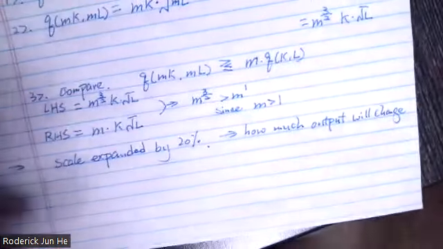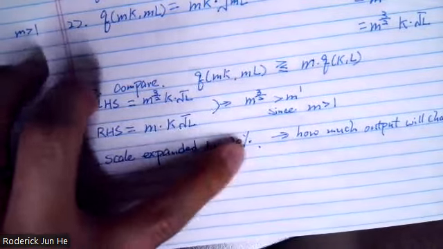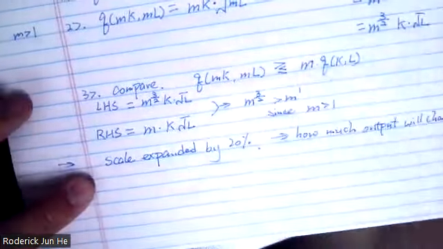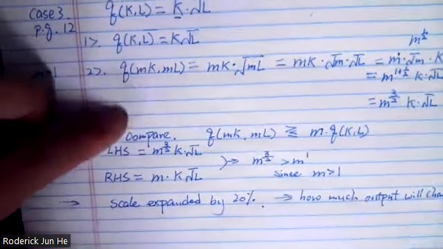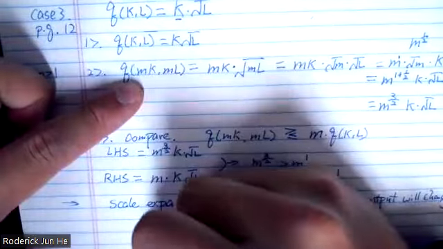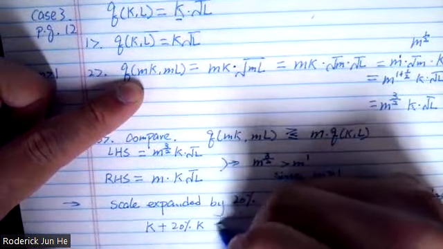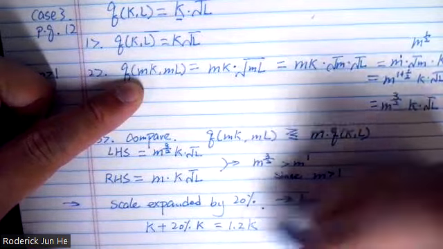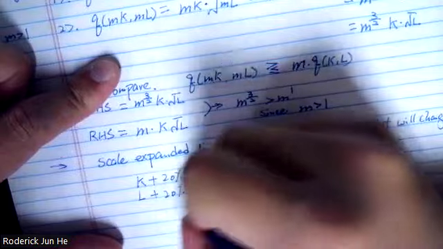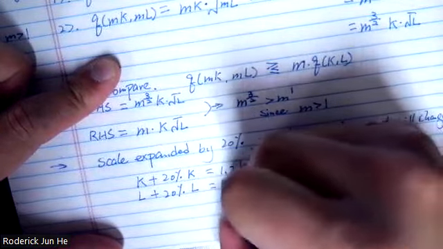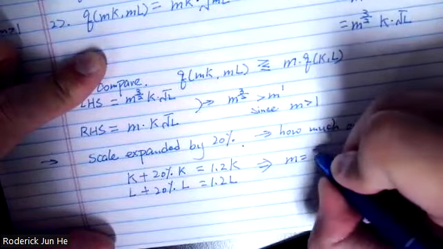For this type of question, how do you solve it? Well, the scale expanded by 20% means you're using the original share plus 20% of capital, which is 1.2 times the capital. It works the same for labor: labor plus 20% of labor, which is 1.2 times the labor. In that case, M equals 1.2.